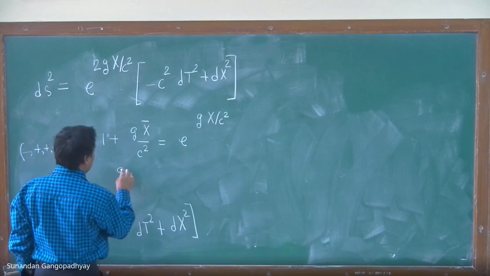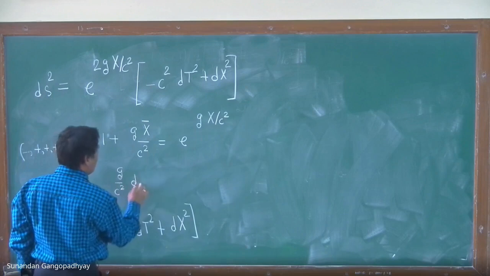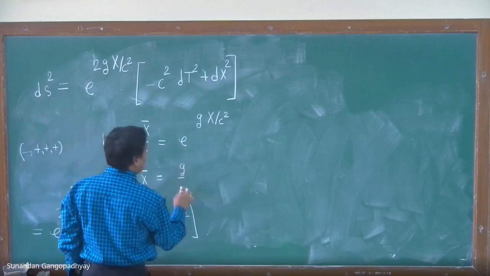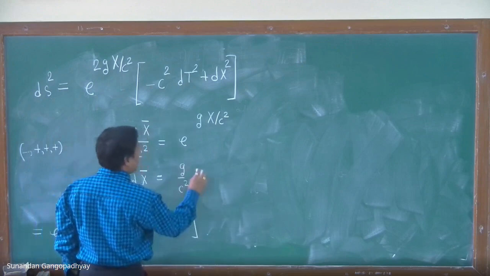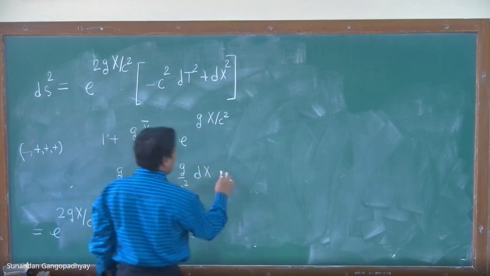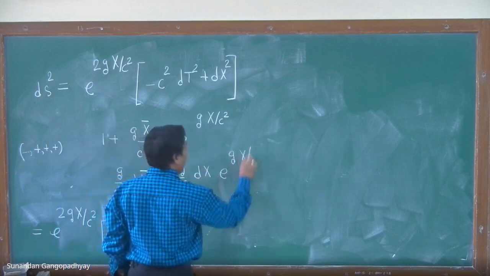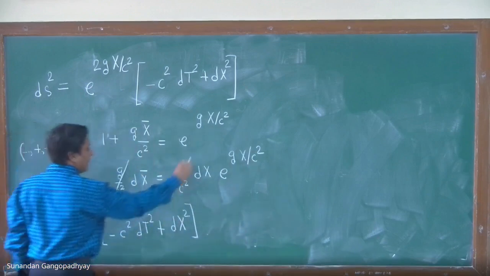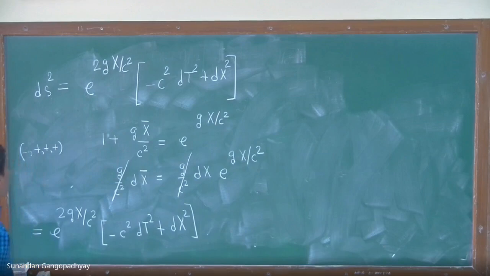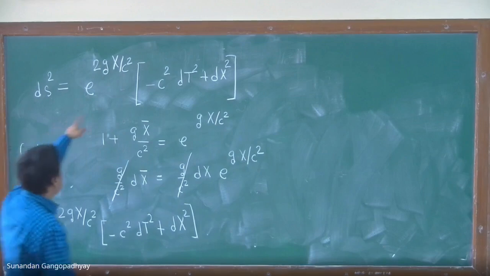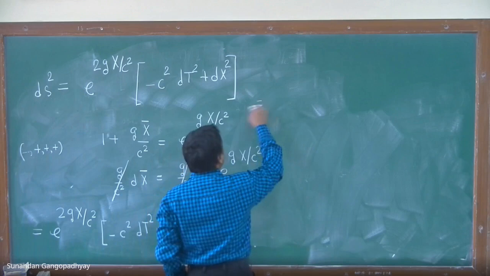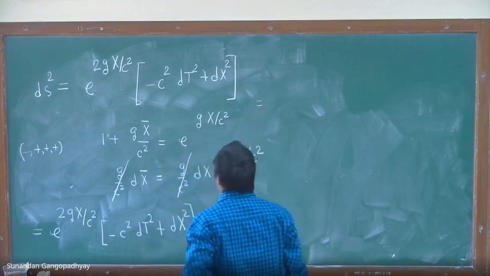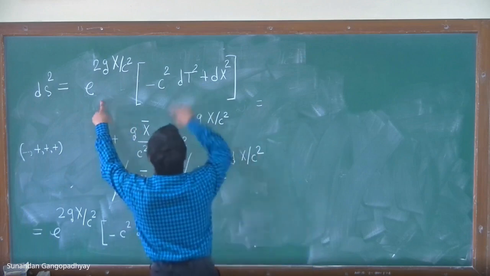So if you do that, you will get g by c square dx bar, that is equal to g by c square dx e to the power of gx by c square. So this cancels on both sides. So you can immediately see that you can write this down in a very nice way. So this is multiplied by this thing.